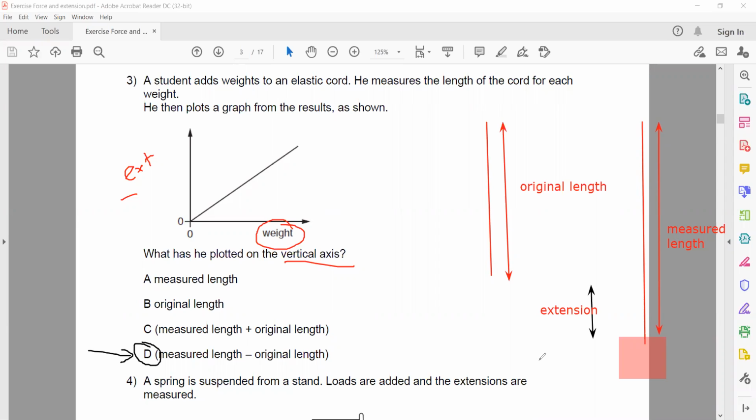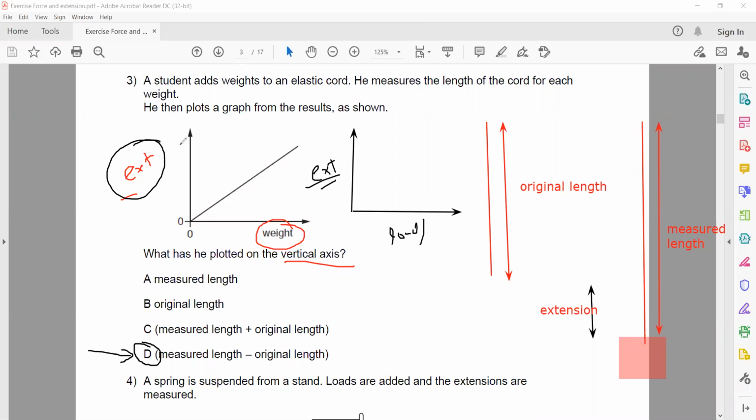This is question 3. In the question, they're asking what label should be there on the y-axis? If you remember, we discussed Hooke's law. If we take load or force on the x-axis, the other axis should be extension, because in Hooke's law, the graph is plotted between the load or the force and extension.